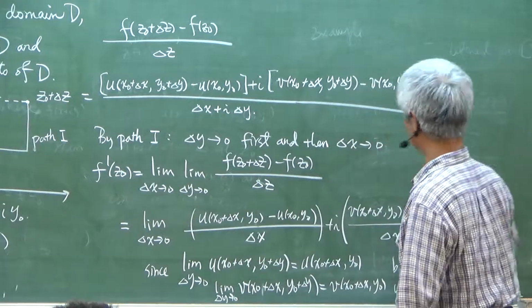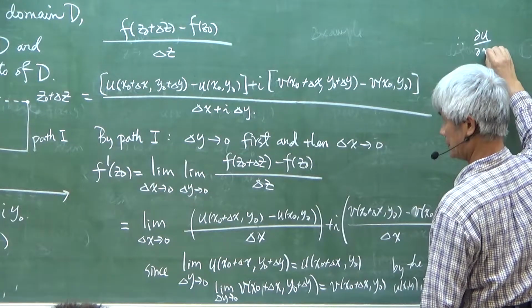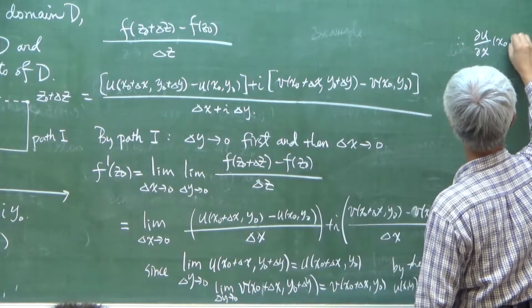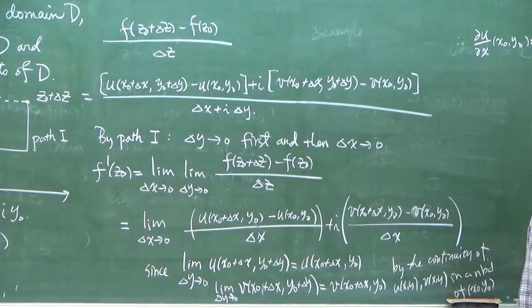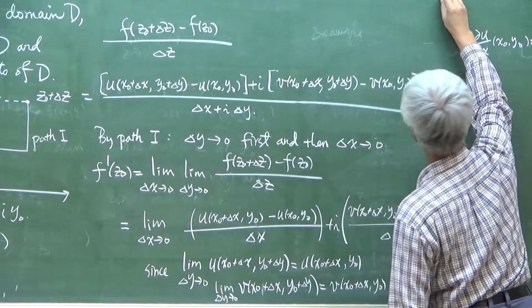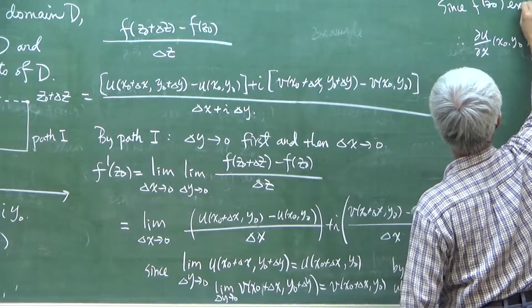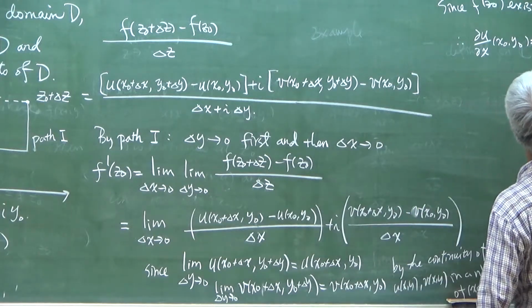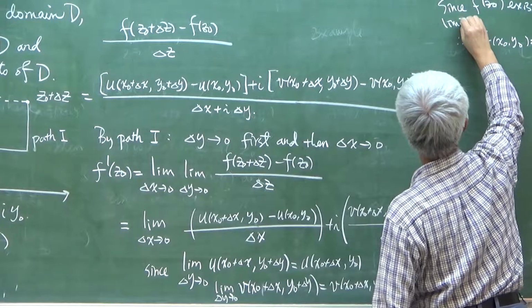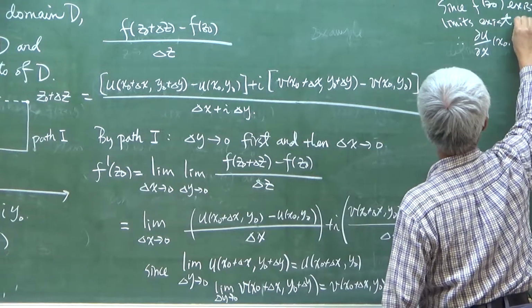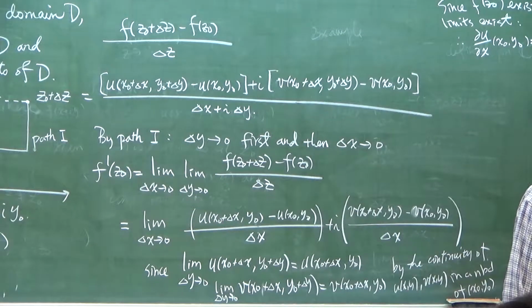So that means this limit exists, and because this exists, these two exist.